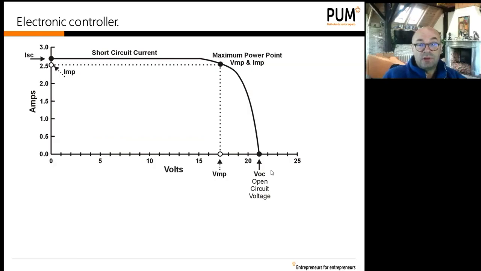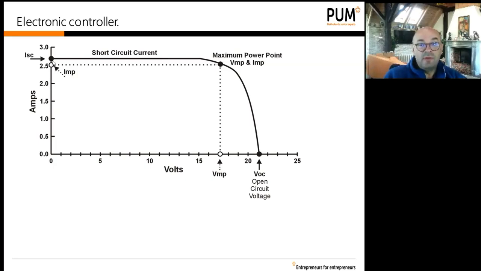The electronic controller. You remember the first sheet: you have the solar module, then you have the electronic controller, and then you have the battery. And the electronic controller takes care of the MPPT, the maximum power point.